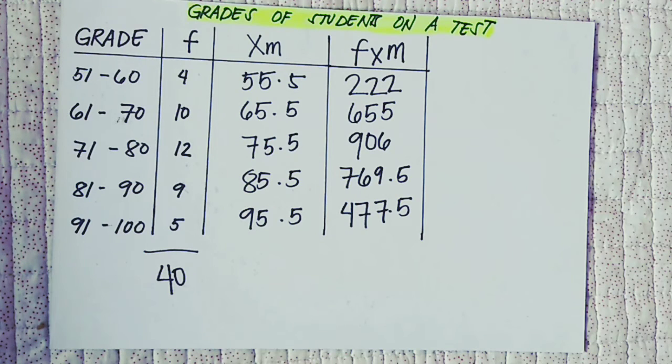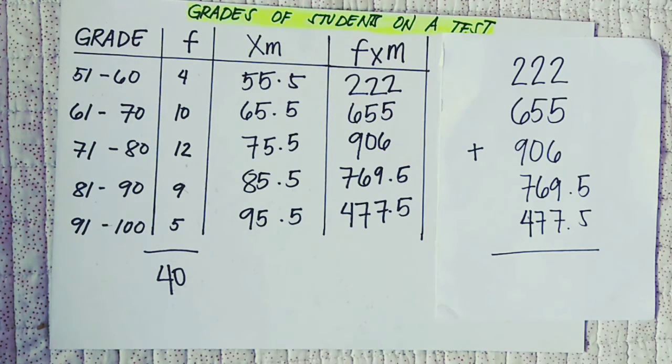So now, let's take the sum of the FXM column using a calculator. So now, we can calculate the mean. So the total that I have is 3030.